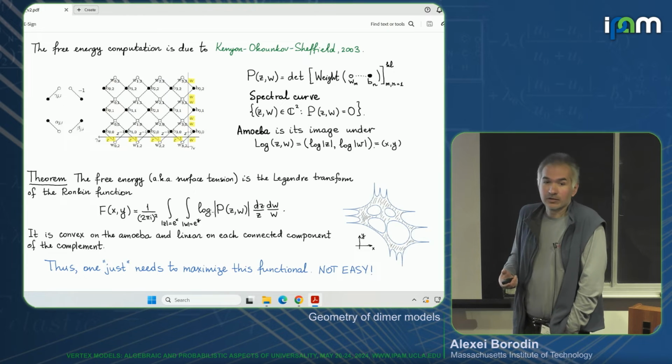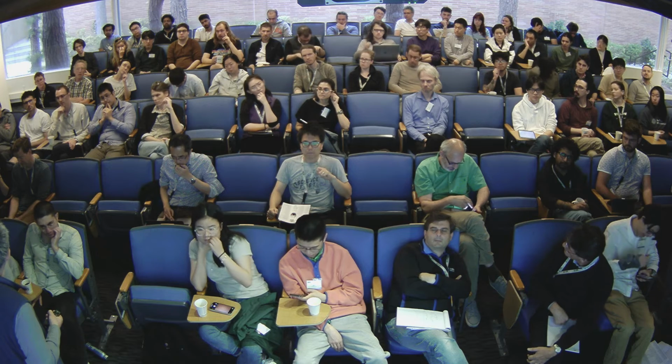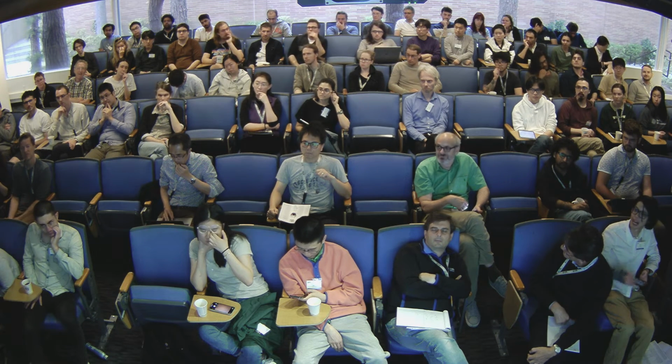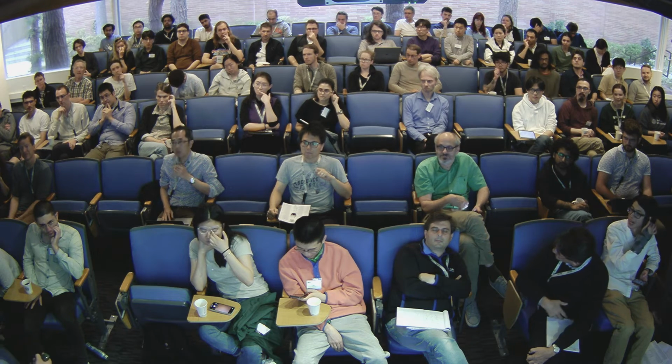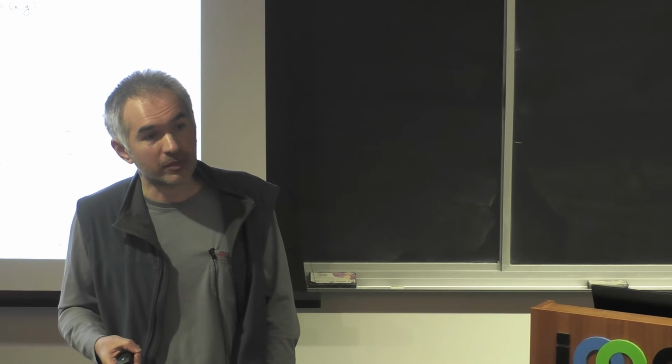Now, that's great. Wasn't the fact that the free energy comes from this function already known by Wolf in 1901? In the general situation, that's fine, but computing the actual free energy for the dimer model is a different matter.